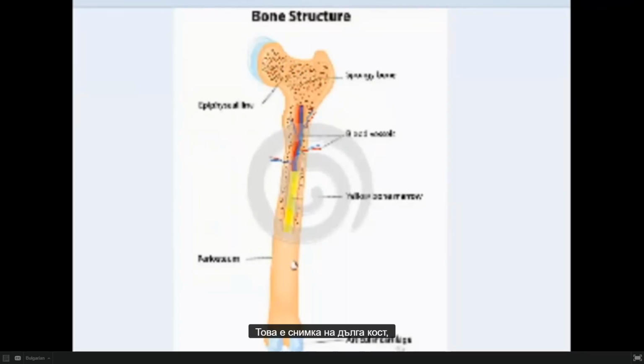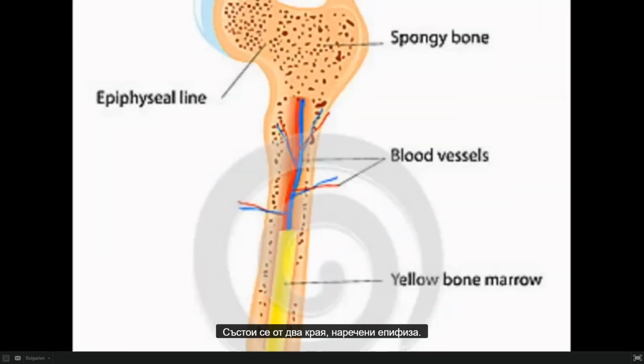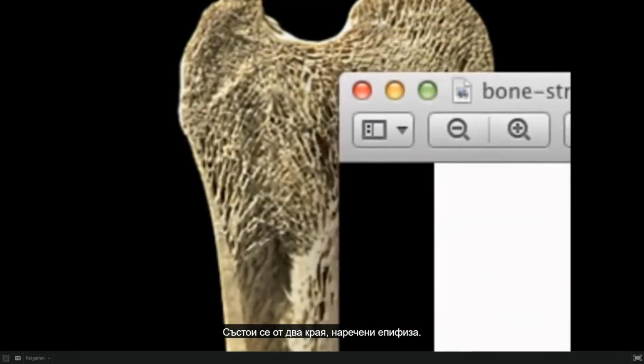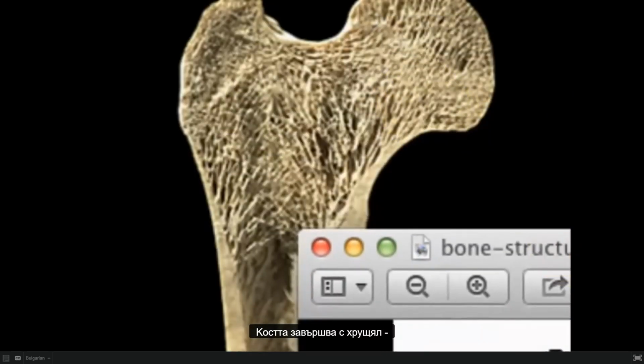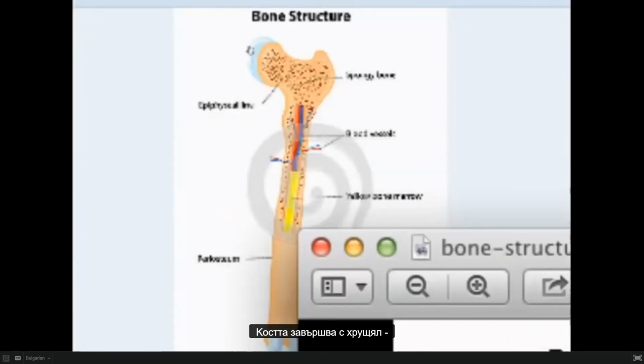That's a long bone, like your hip bone. It consists of two endings, and they are called epiphyses. The ends have cartilage.